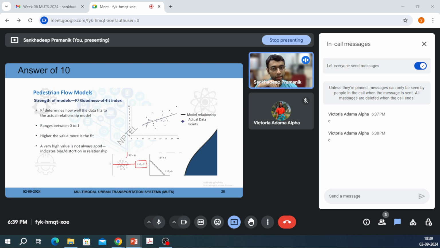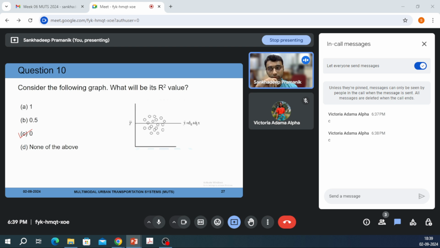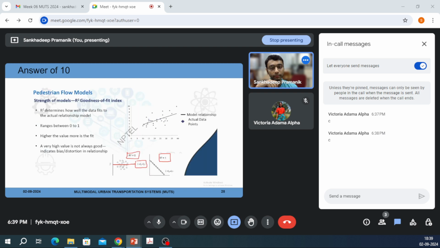So here r square is 0 or close to 0. But if the model relationship fits the actual data points perfectly, like in this case, then r square will be 1, and a higher value indicates a better fit. So in this case option C will be the correct answer.